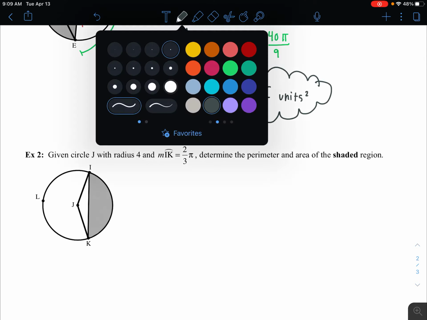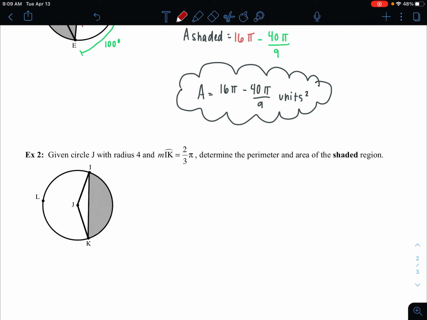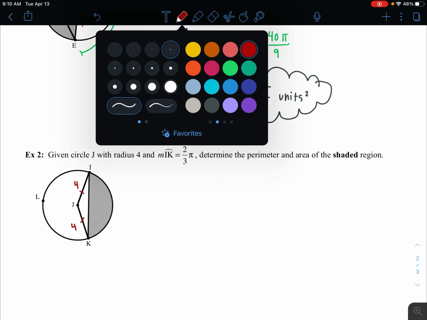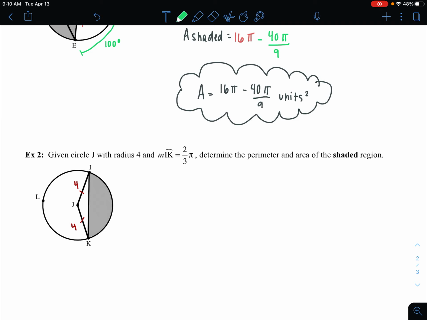Given circle J with a radius of 4, and the measure of arc IK is 2 pi over 3. Determine the perimeter and the area of the shaded region.